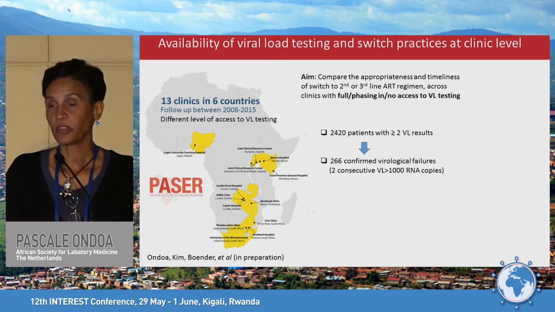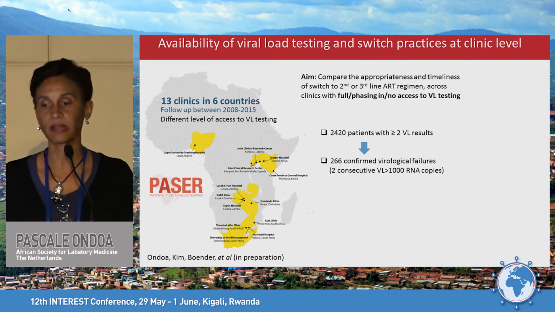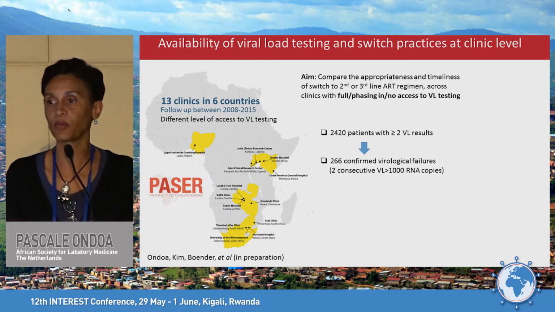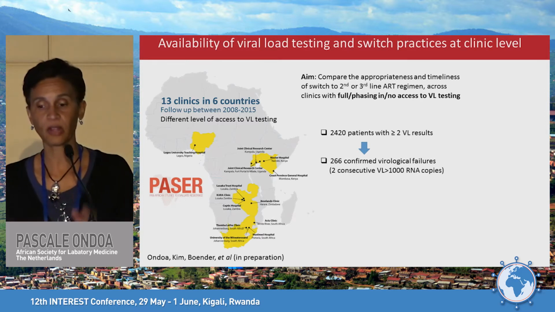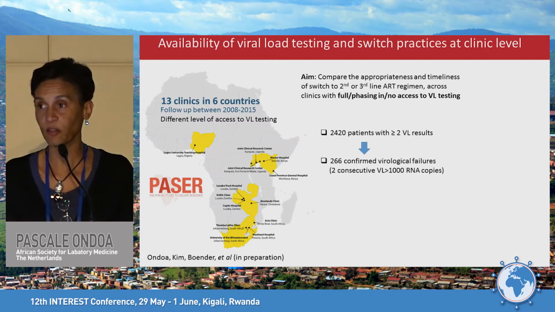I also wanted to show you how it can look at the clinic level, and I wanted to share some data that are still being analyzed from the PACER study. I think many of you have heard of this Pan-African study to evaluate resistance that has been led by Professor Rinke de Wit in Amsterdam.